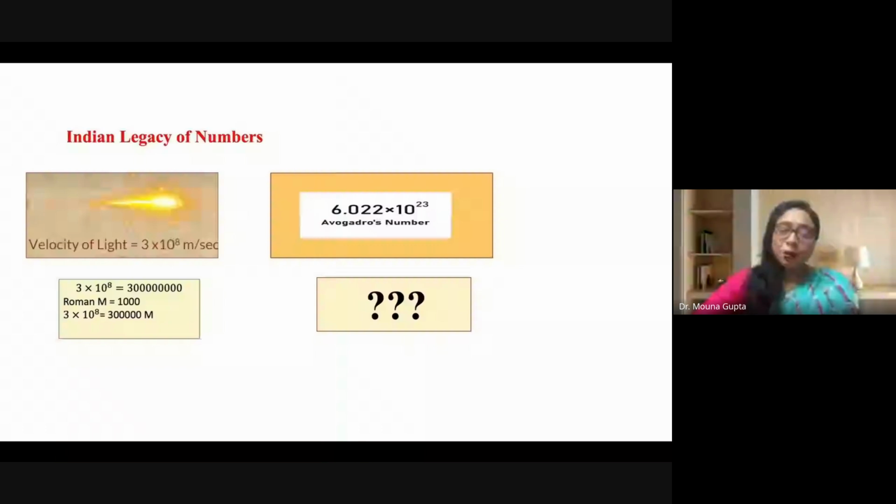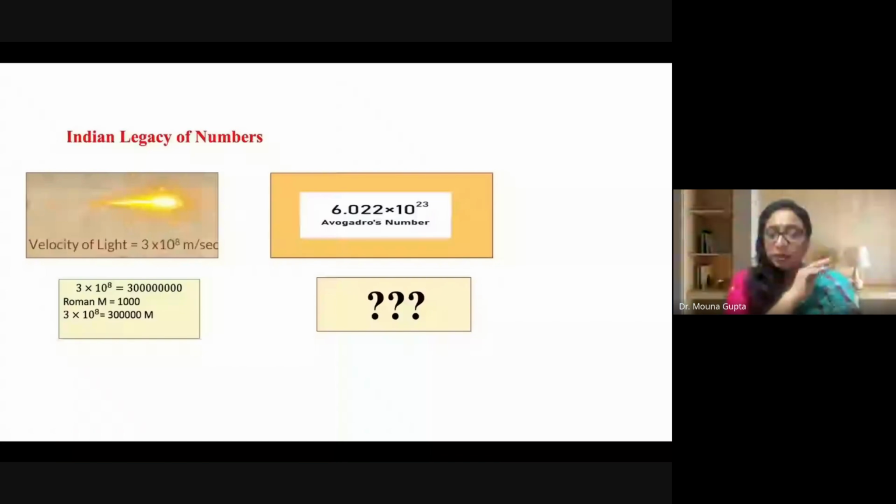I would suggest you not to go into the detail. There will be so many M's we will have to write. For 8 zeros, we have to write M 300,000 times. Now we have 23 zeros, we will have to write so many M's. Let's not go into details.